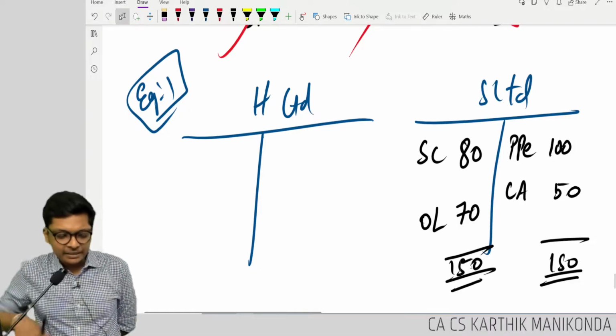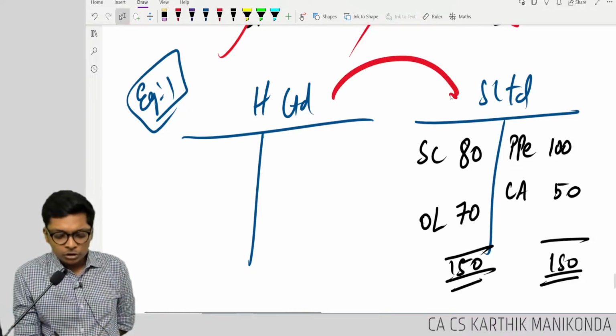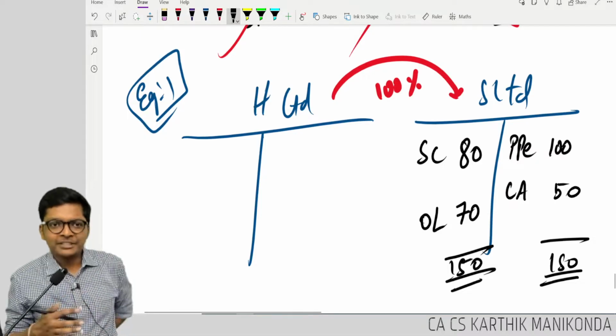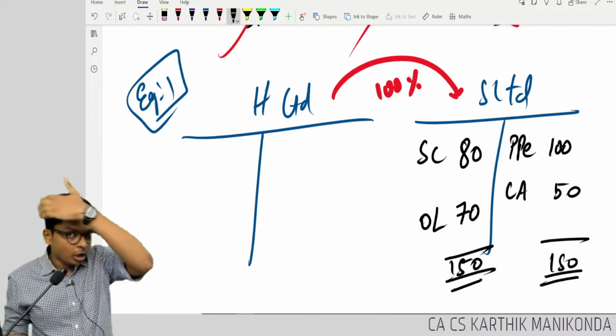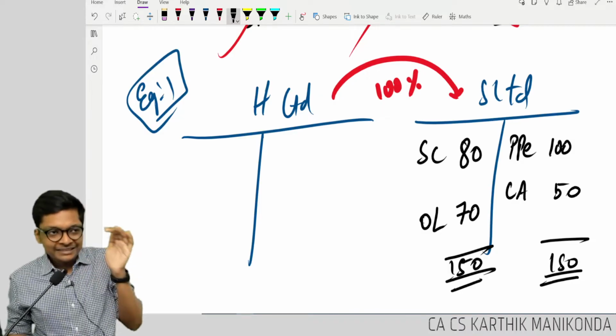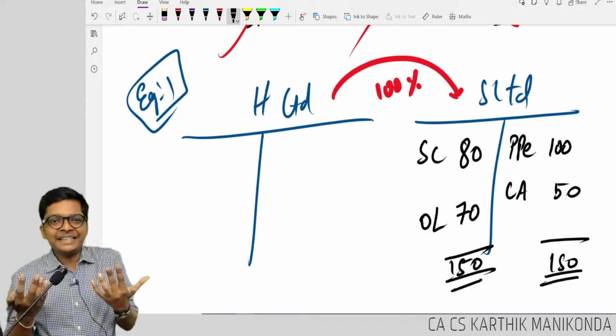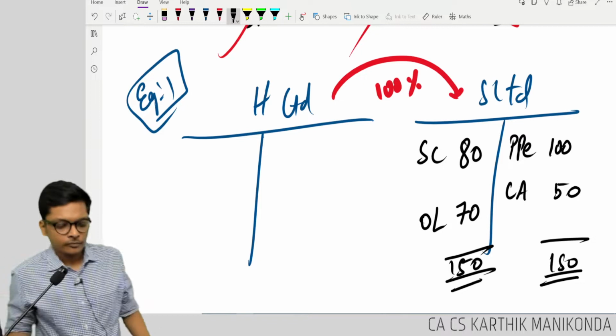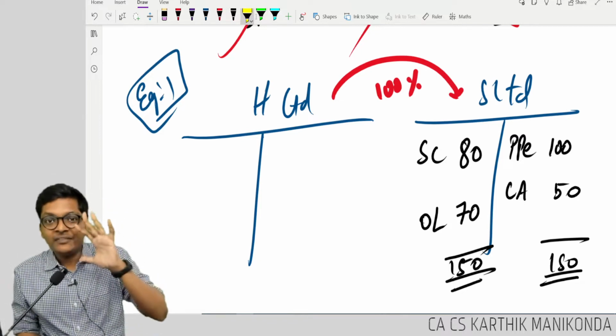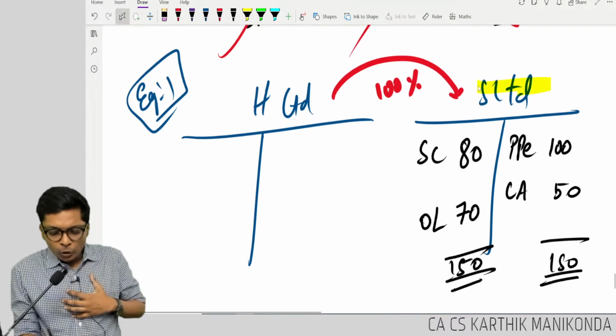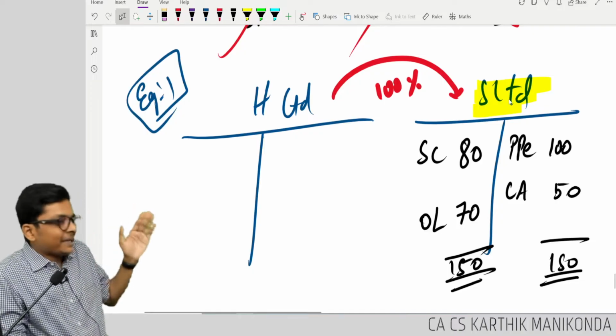In our first example, Adidas wants to buy 100% of the subsidiary. I want to buy the entire subsidiary, not amalgamation. Buying the shares, but both entities will still continue. If you are the advisor, how much will you pay to buy this company?